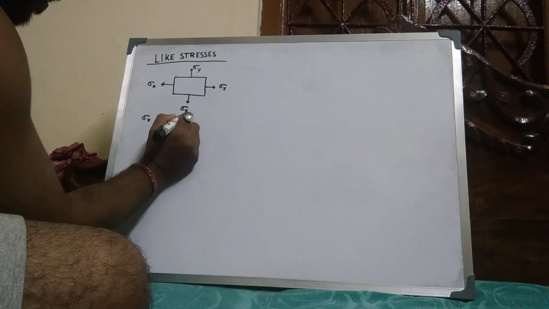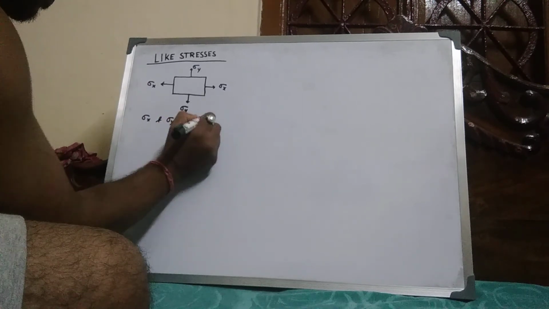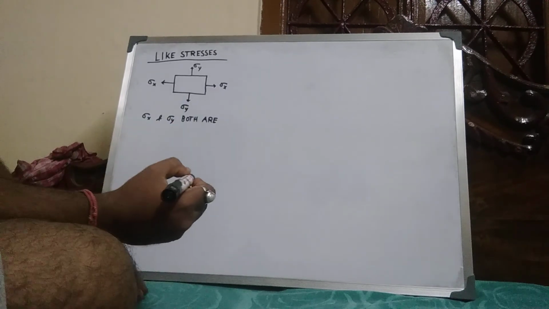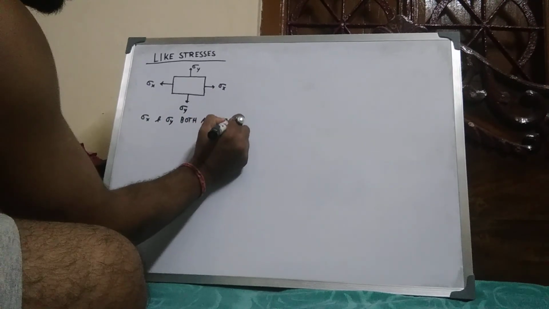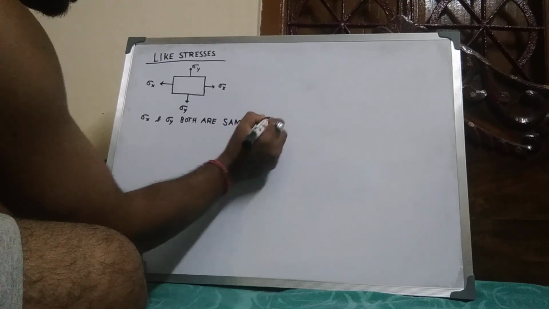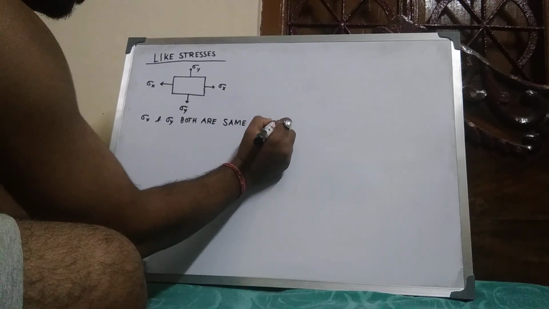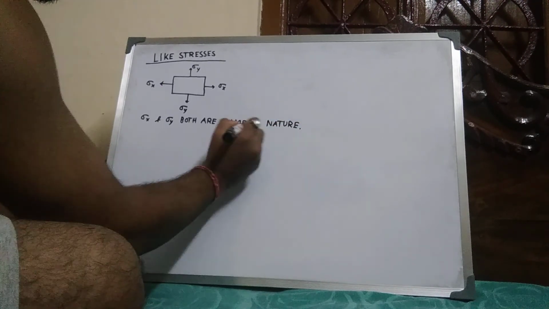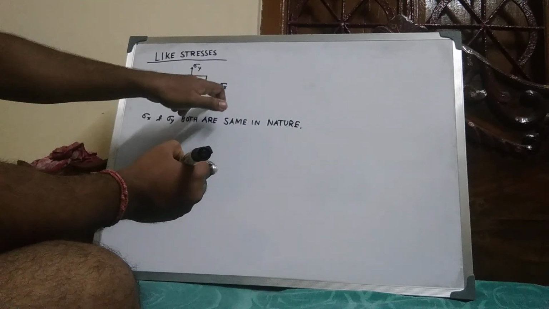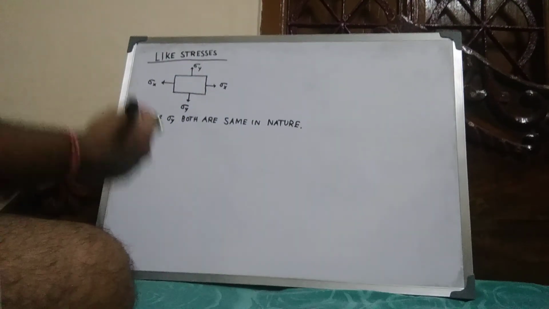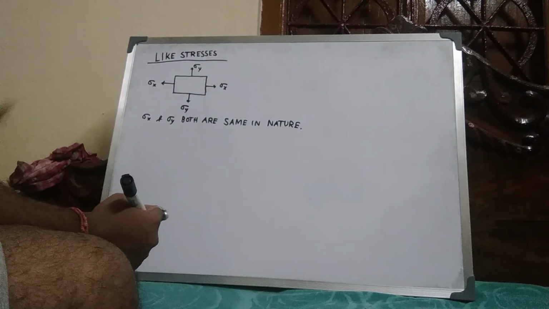Sigma x and sigma y are both the same in nature, which means both are tensile. This is tensile, this is tensile. Now for like stresses, the Mohr circle.